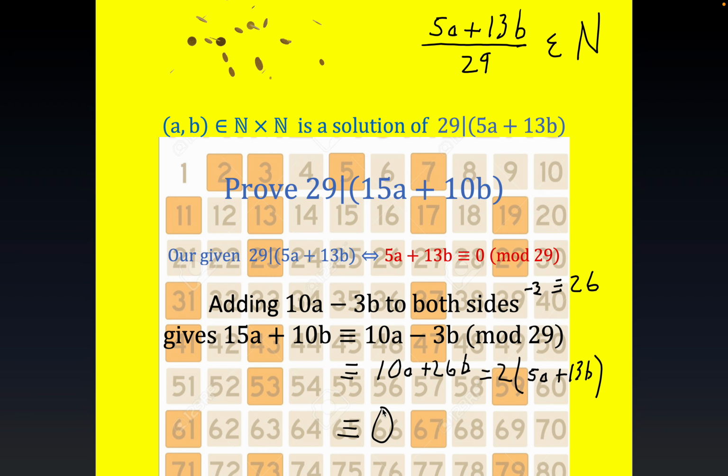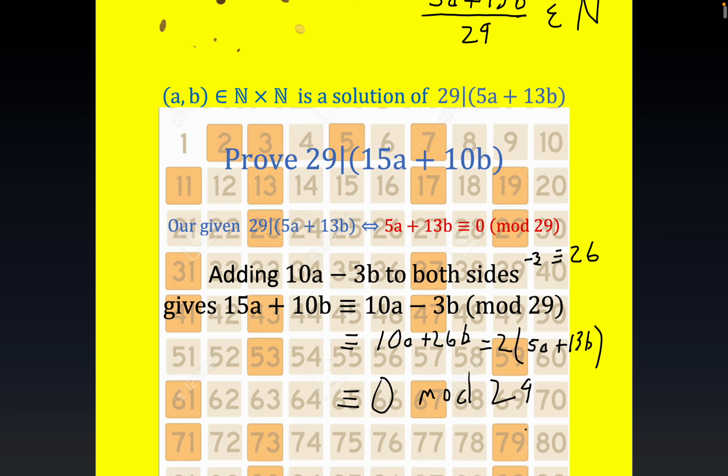That proves our result. We wanted to prove that 29 divides 15a plus 10b, and that's exactly what this does, because this is mod 29. So we can gleefully write down QED.